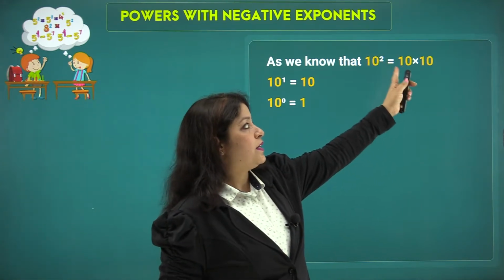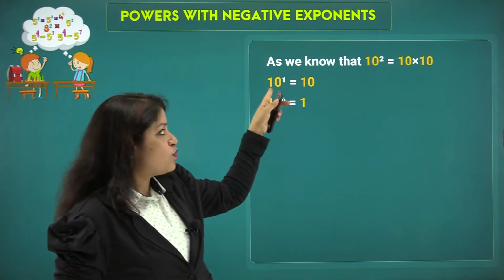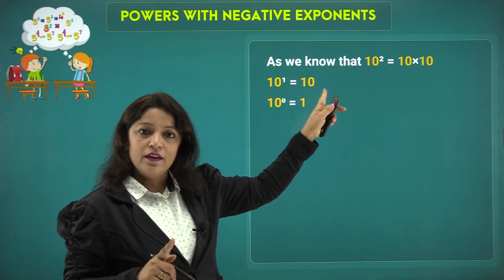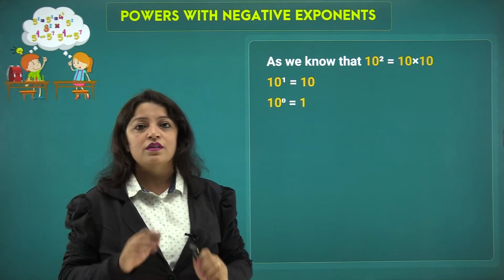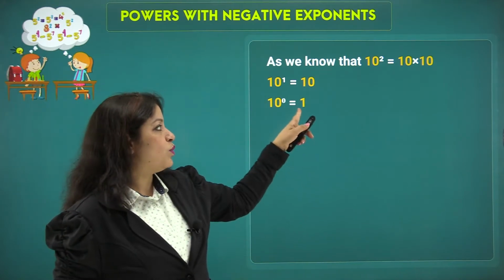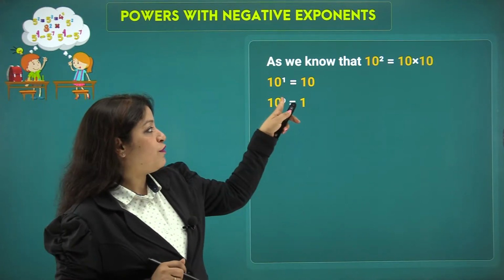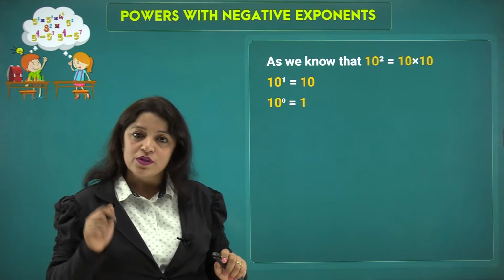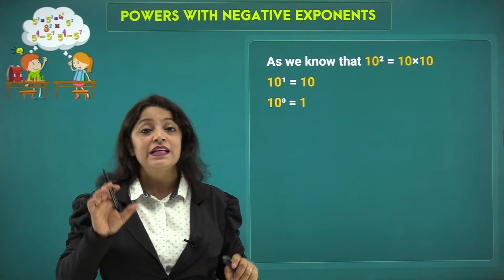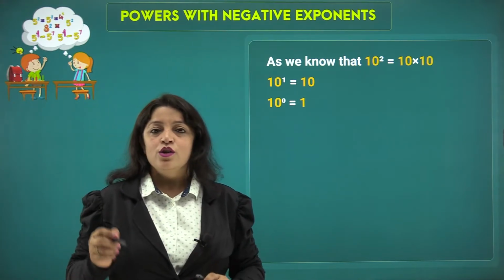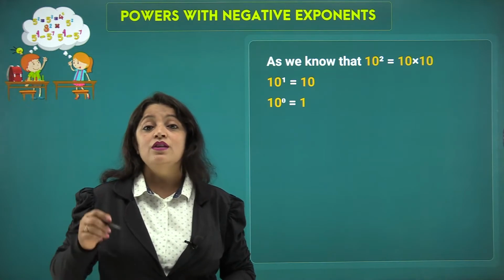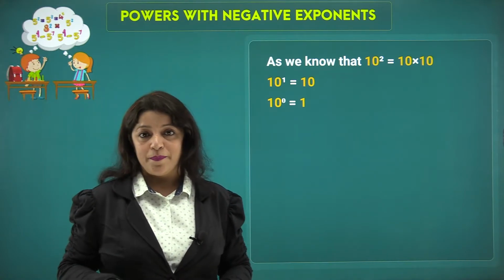10 raised to 2 means 10 times 10. 10 raised to 1 means 1 time 10. And 10 raised to 0 means there is no 10, that means there is only 1. So remember, whenever the exponent of any number, whenever the power of any number is 0, we say it is equal to 1. So in general we can say a raised to the power 0 will be 1.